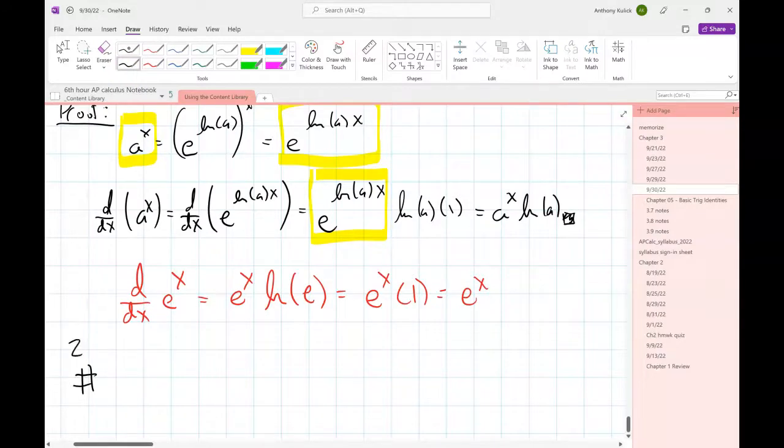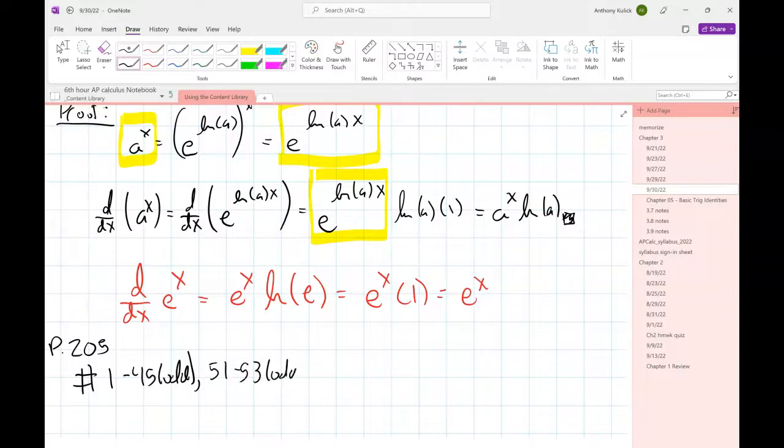All right, so this is page 205. Most of these aren't bad. Most.